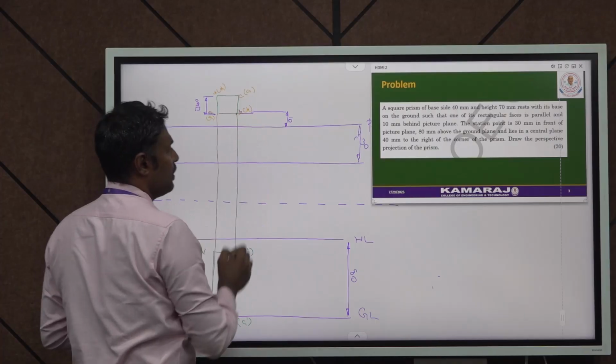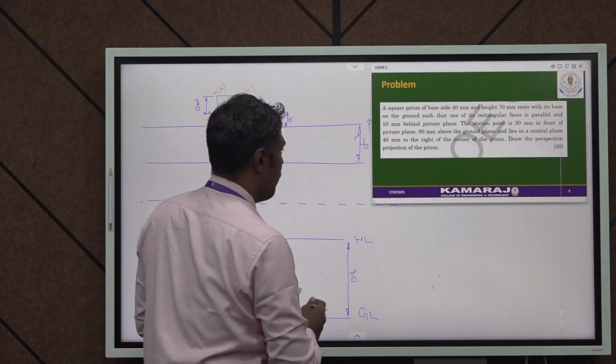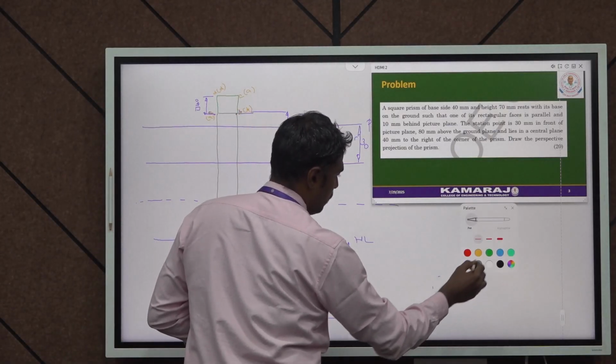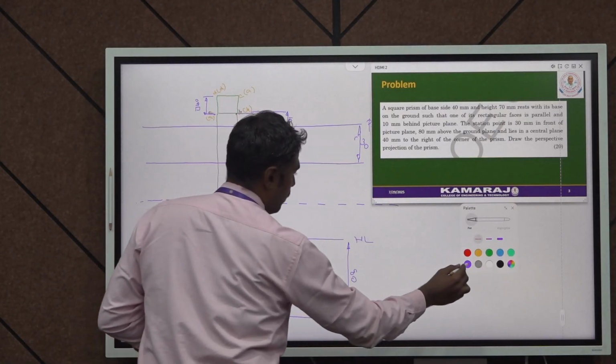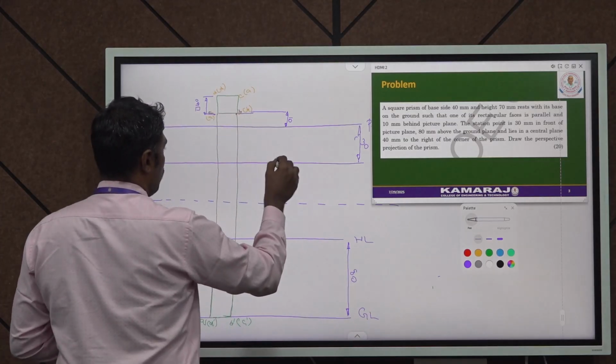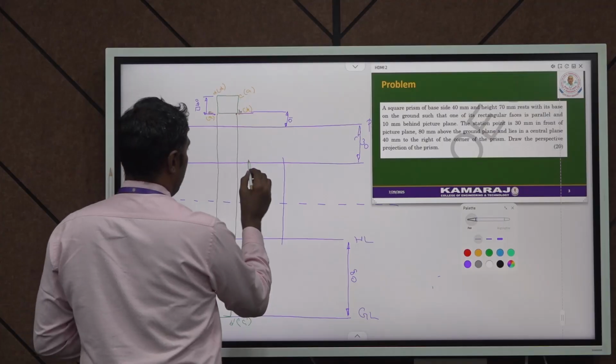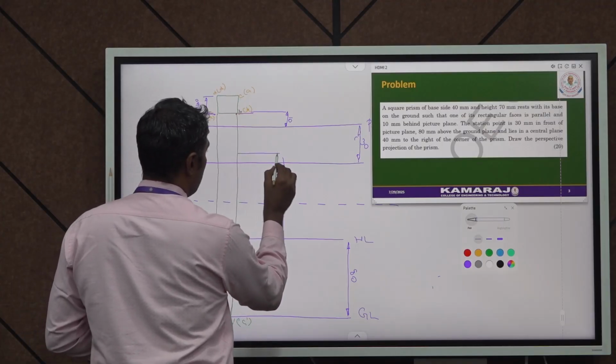So from this corner of the prism, I am going to take the station point 40 mm to the right. So I am going to draw a station point here. The station point should be like this.